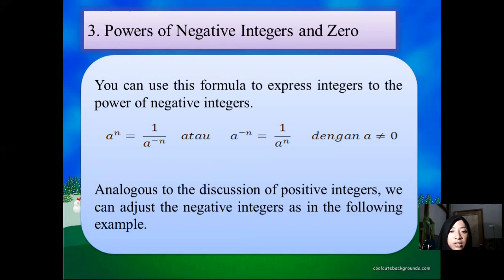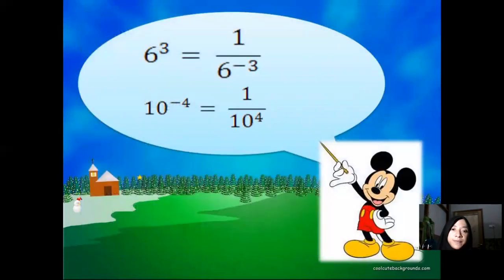Analogous to the discussion of positive integers, we can use negative integers as in the following example. 6 to the power of negative 3 equals 1 over 6 to the power of 3, and 10 to the power of negative 4 equals 1 over 10 to the power of 4.